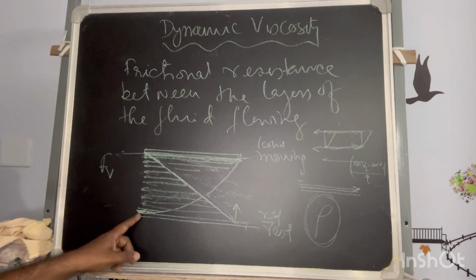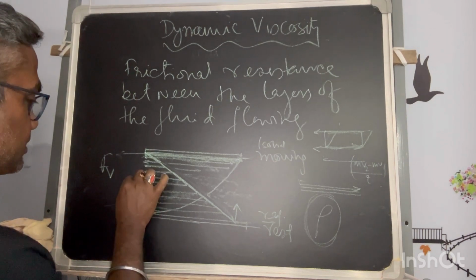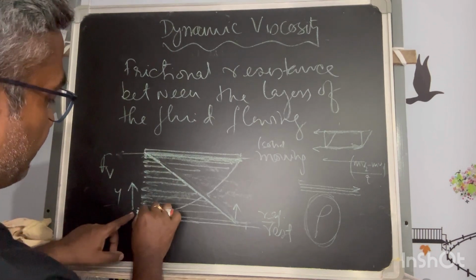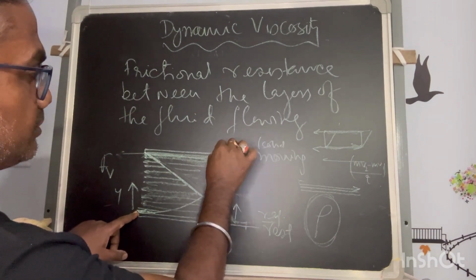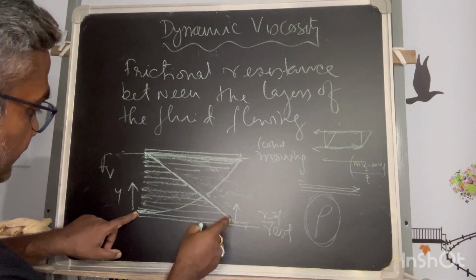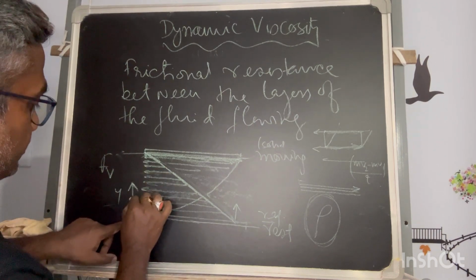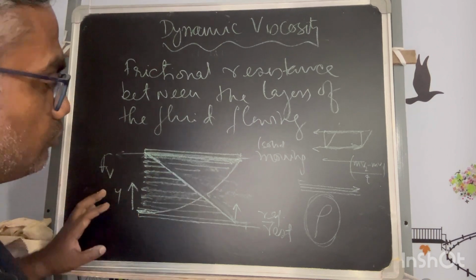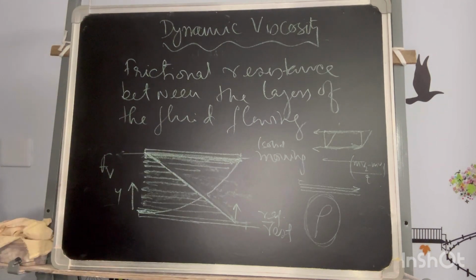So with the distance, the velocity will increase towards the moving plane, and the frictional force will decrease as you move from the rest to the moving plane. So this will be the curve.